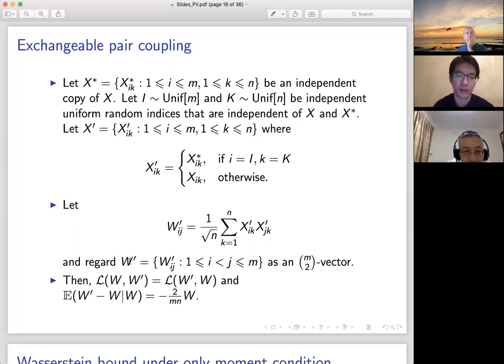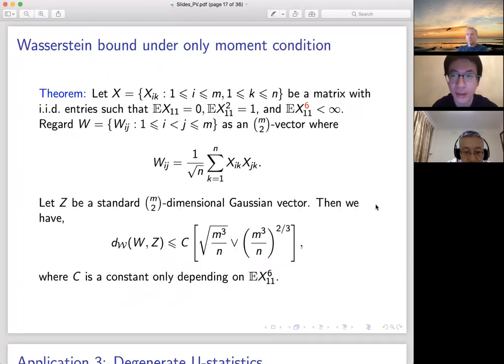It can be checked that they are exchangeable, and that the linearity condition is satisfied. Therefore, we can apply our general Wasserstein bound to this example, and what we get is the following theorem.